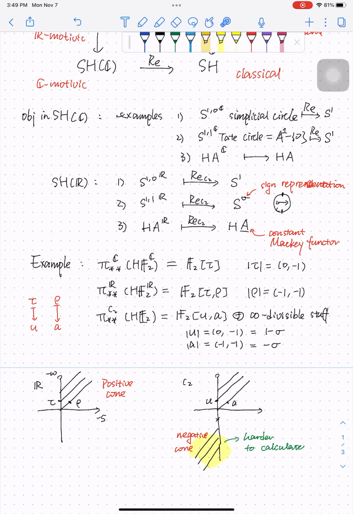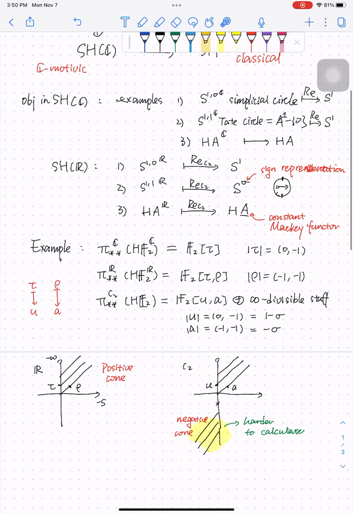And in the C2 equivariant category, you need to deal with the negative cone, which is a bit harder. But there is actually a way to first do things in the R-motivic category and recover the C2 equivariant category. So this part is exactly the same, and in most cases, the negative cone part can be recovered from the positive cone information.